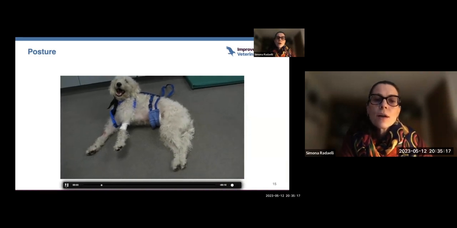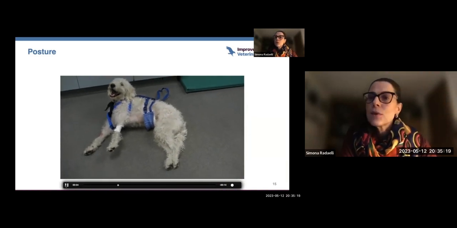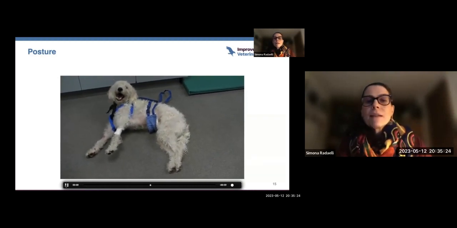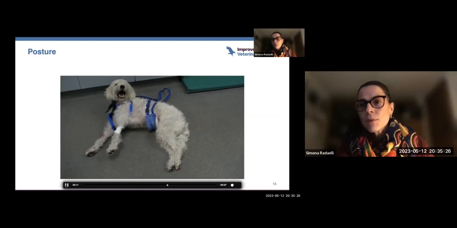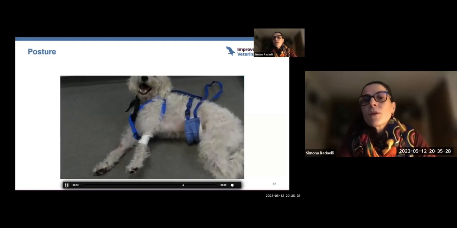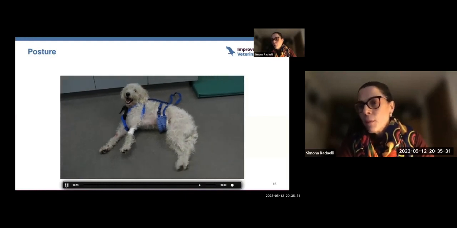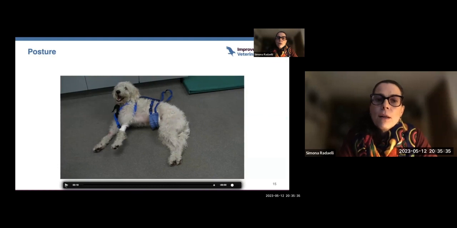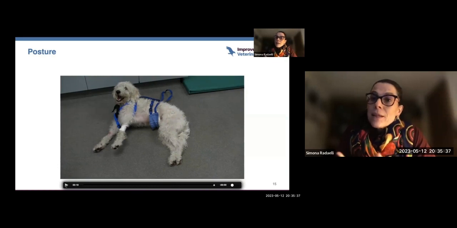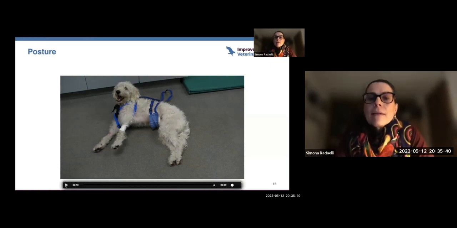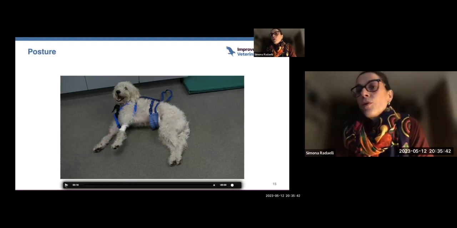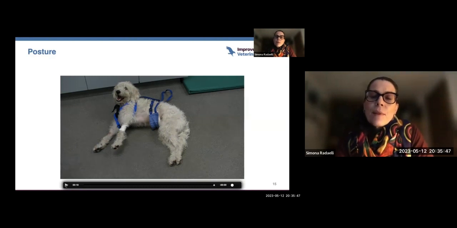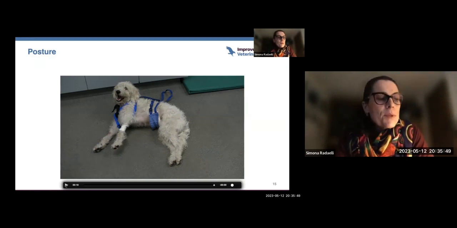But actually, this dog had an acute thoracolumbar lesion that is affecting, of course, the hind limbs. So we walk the dog. As you can see, he has a harness and a sling. So we lifted him up, walked him, and he actually had a good gait in the front limbs, although the extensor tone was increased. There was a little bit of movement in the hind limbs, but it was paralytic. He couldn't really hold up his weight with the hind limbs.